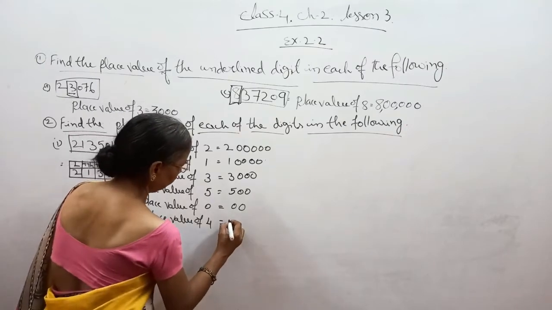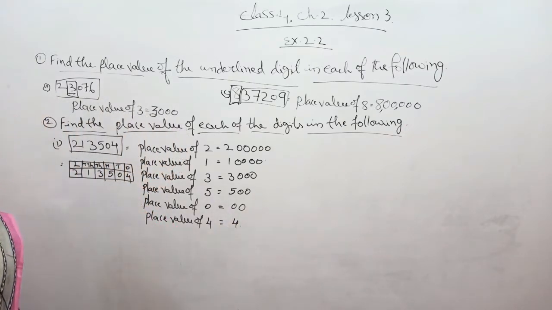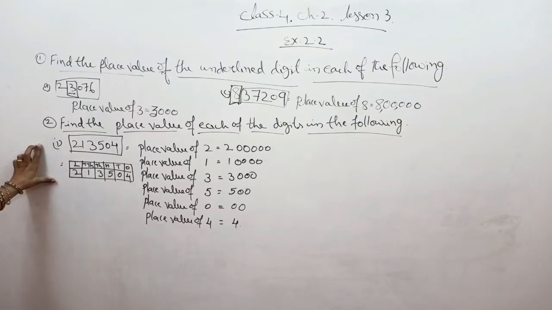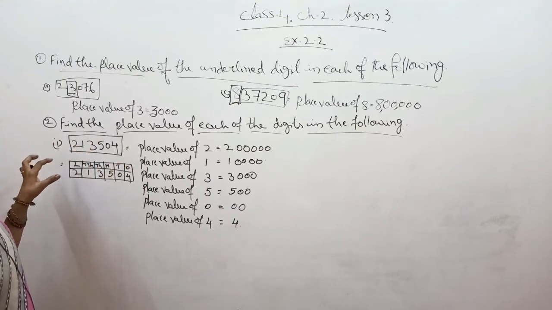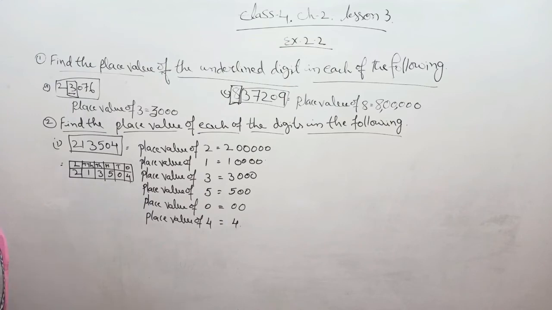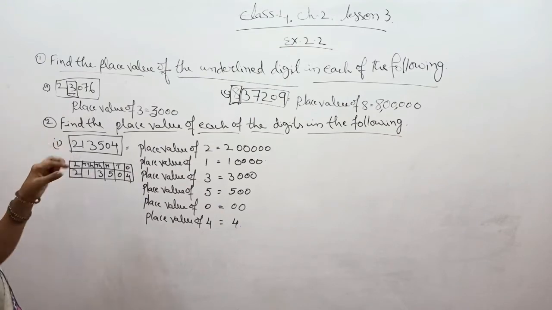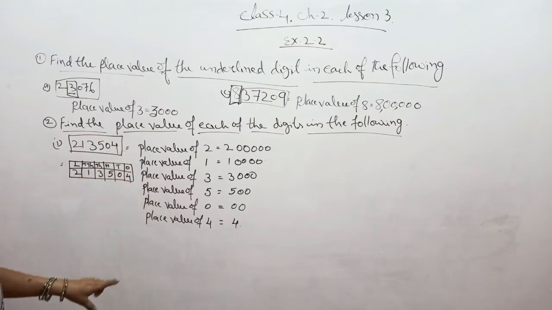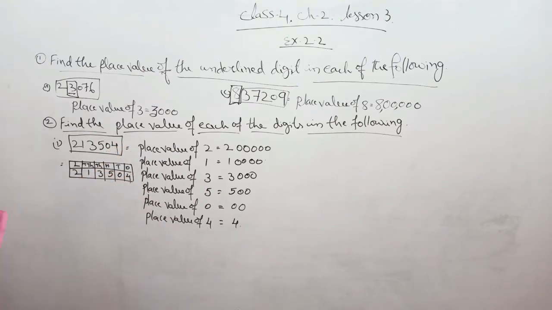Then place value of 4, we can write it as 4. This is the way how we find the place value of all given digits. इस तरीके से हम ऑल नंबर्स के प्लेस वैल्यू को फाइंड आउट कर सकते हैं.